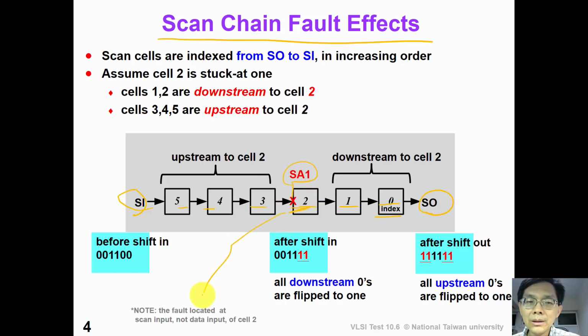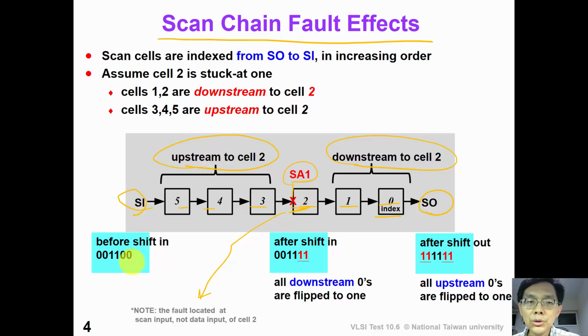Please note that this fault is located at the scan input, not the data input of scan cell 2. Those scan cells whose index is smaller than 2 are called downstream to scan cell 2. And the other 3 scan cells whose index is larger than 2 are called upstream to scan cell 2.